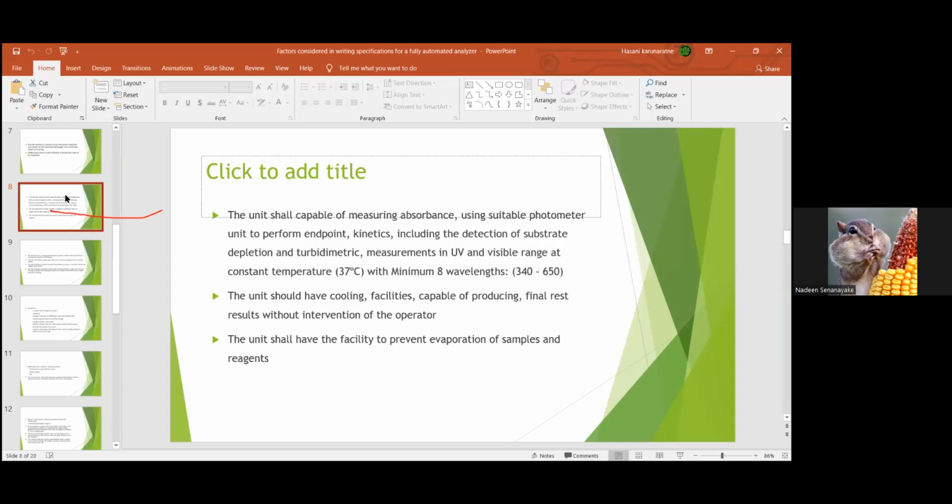The unit should have cooling facilities capable of producing final test results without intervention of the operator. It also should have the facility to prevent evaporation of samples and reagents.